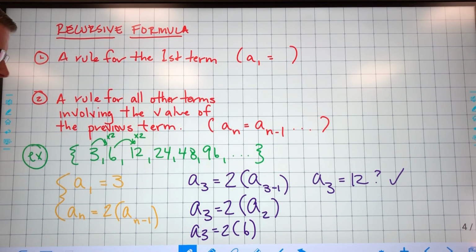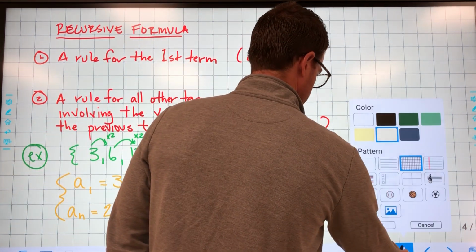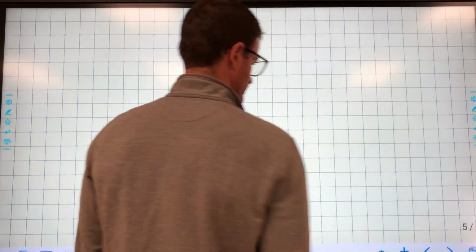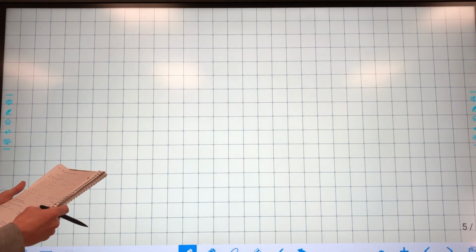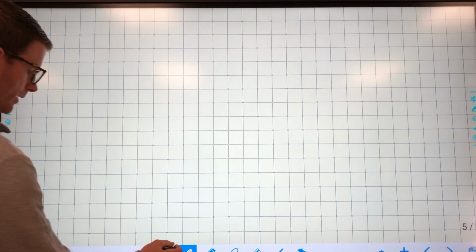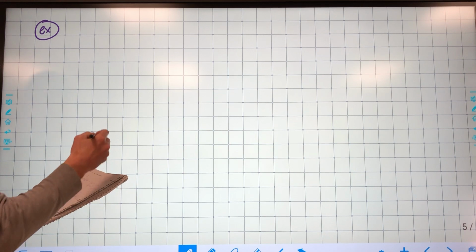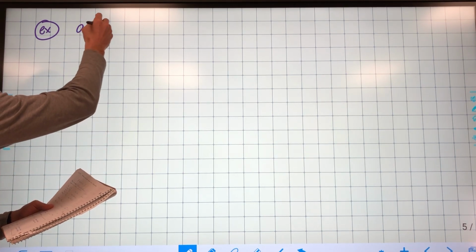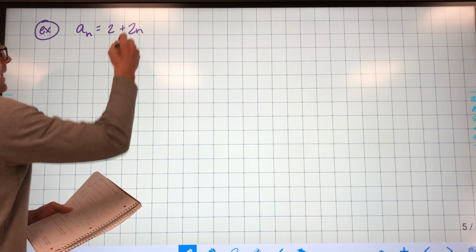Let's do another. We're just going to be given a formula this time. The formula is a sub n equals 2 plus 2n.